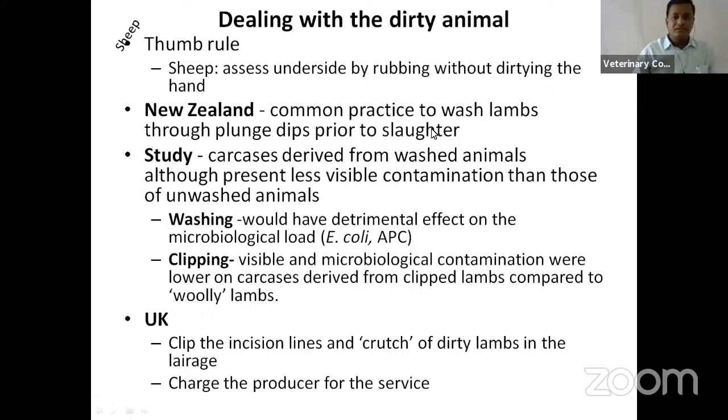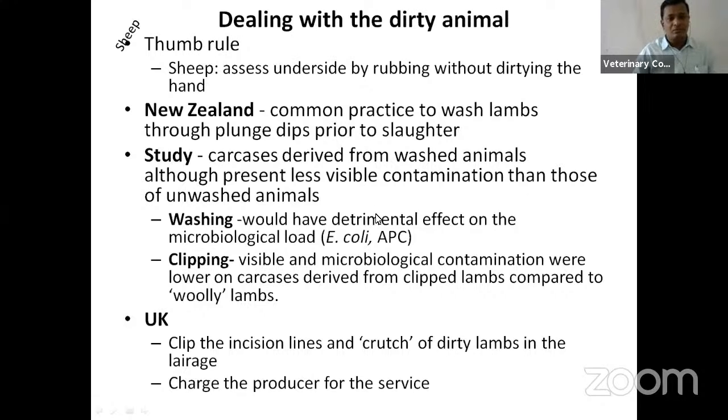So what they do is, the common practice is they wash the animal prior to slaughter. And what are the implications of this? Okay, a study indicated that if you wash the animal, they found that the visible dirt got reduced compared to the unwashed animals.